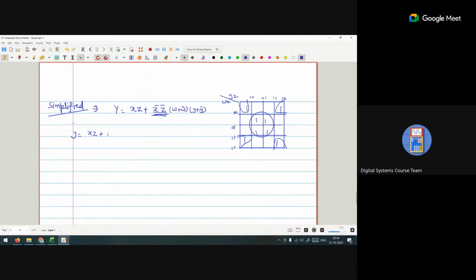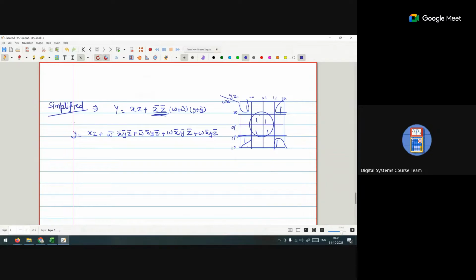So my answer is W bar X bar Y bar Z bar plus W bar X bar Y Z bar plus W X bar Y bar Z bar plus W X bar Y Z bar. So X bar and Z bar are present in every term.